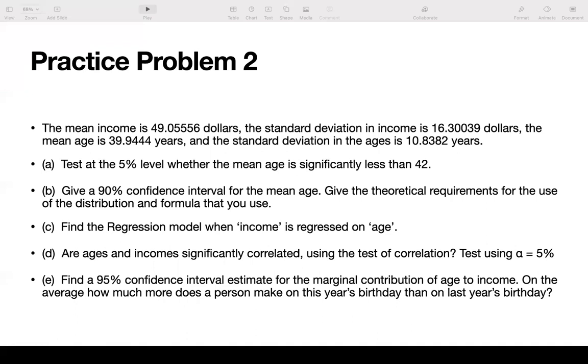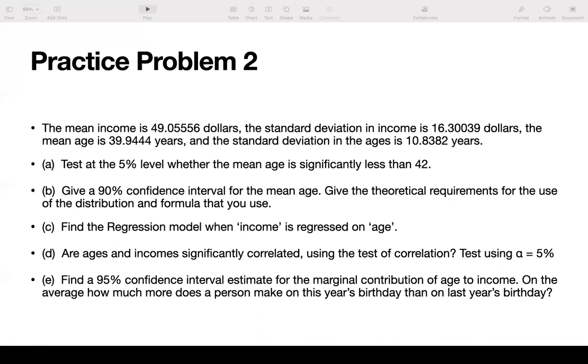For part D, it asks, are age and income significantly correlated using the test of correlation? And alpha here is equal to 5%. For part E, we have to find the 95% confidence interval estimate for the marginal contribution of age to income.